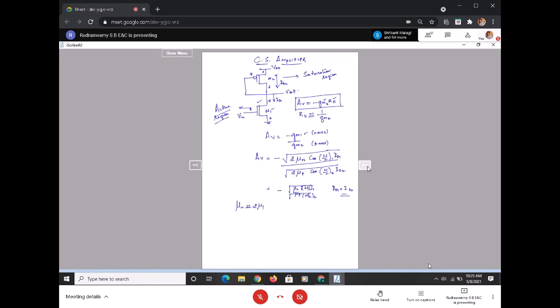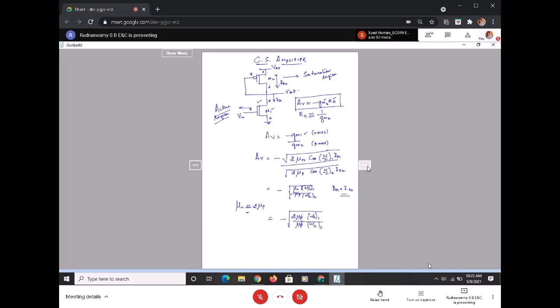Okay, so this is where we are, and we know that mu n is approximately equal to twice mu p. It varies between 2 to 3. You can assume 2.5 mu p or 3 or 2, I'm just assuming this. If that is the case, it will be minus root of twice mu p by mu p, W by L of 1 divided by W by L of 2.